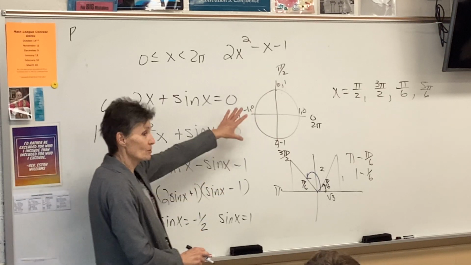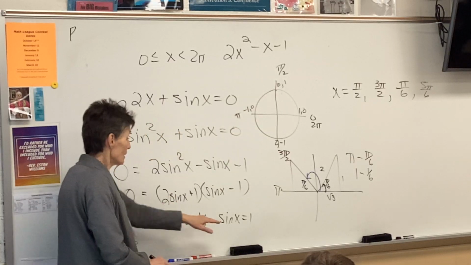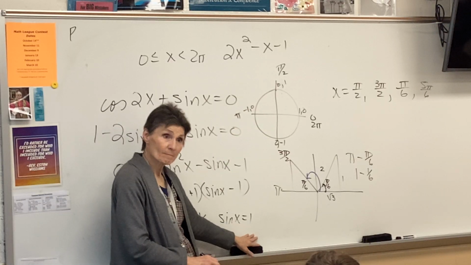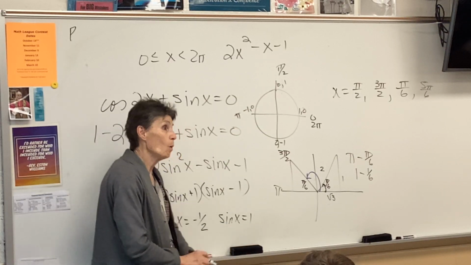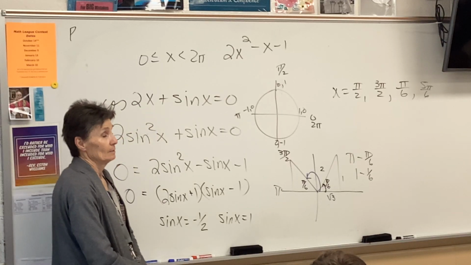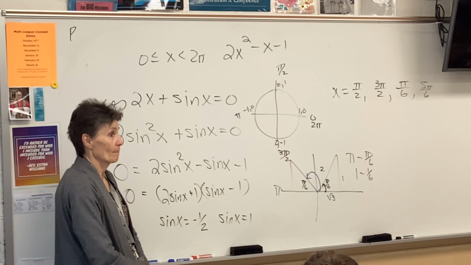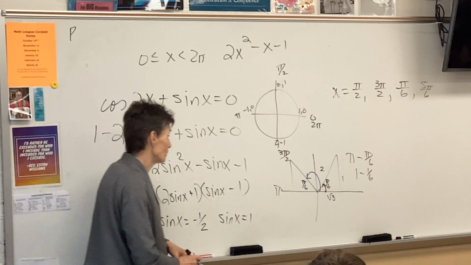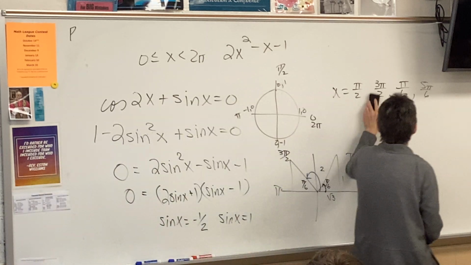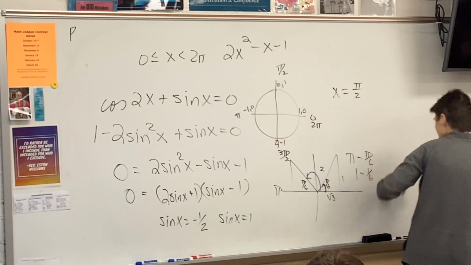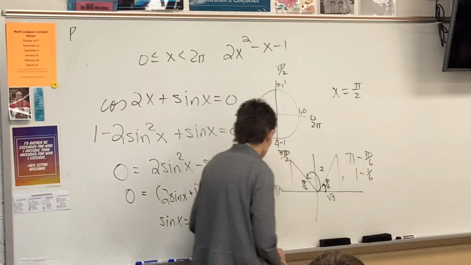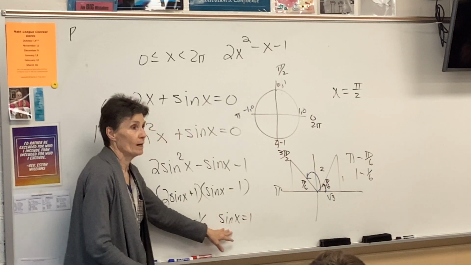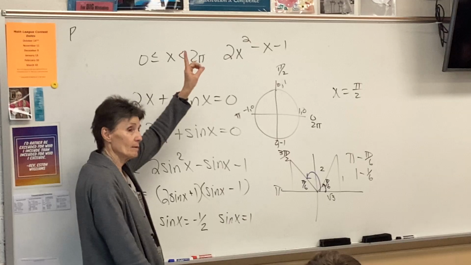Luckily, that's not my circle. Sine is y. Where is y 1? Straight up, pi over 2. So, and not 3 pi over 2, just pi over 2 this time, because we're positive 1. It's only up there.